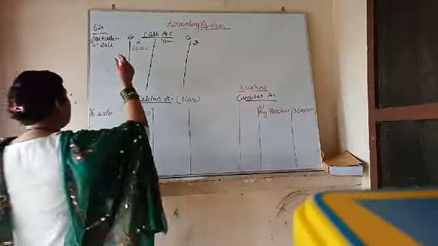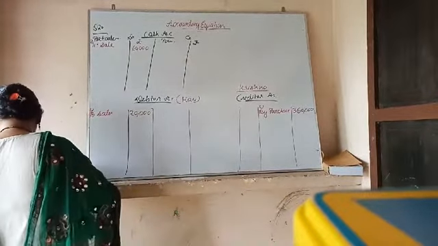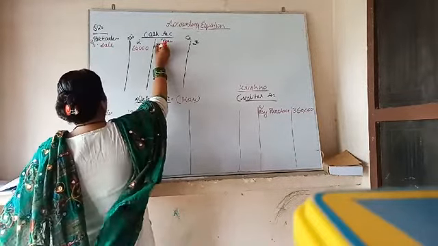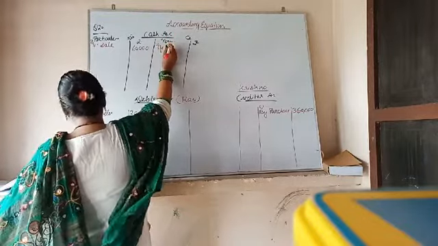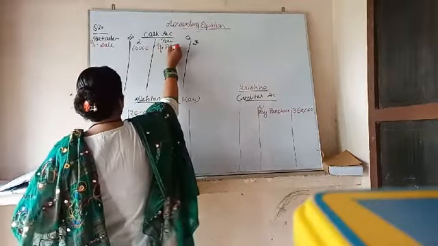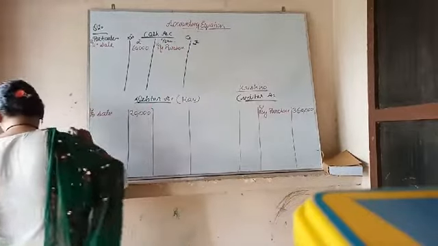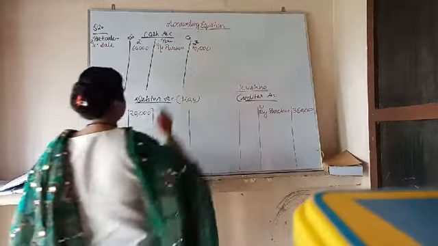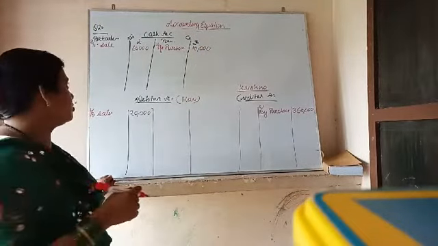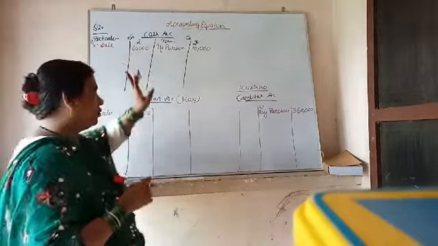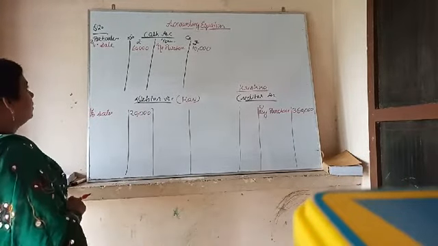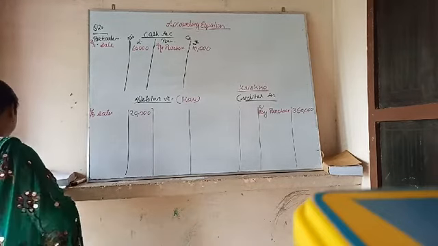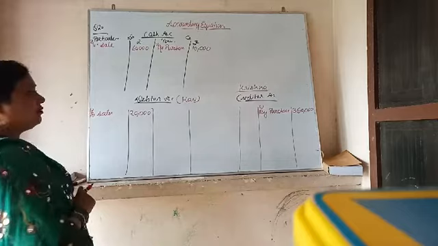We will write it in the cash column as "By purchase", 10,000.